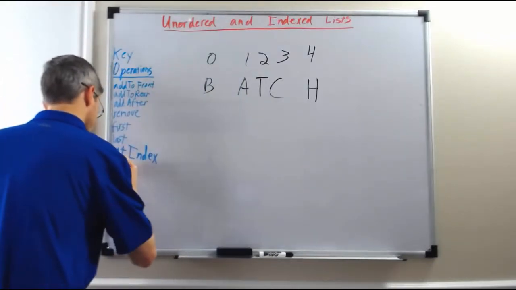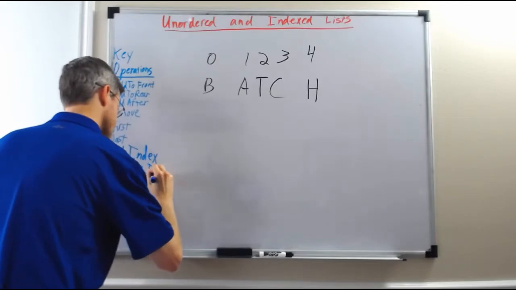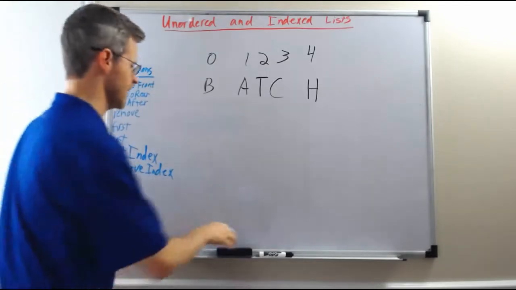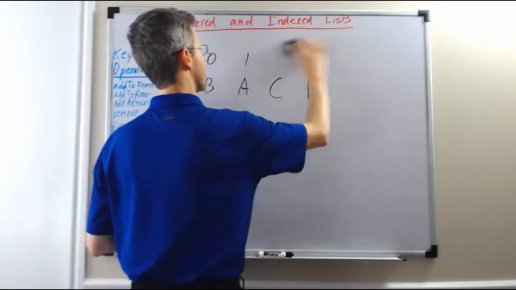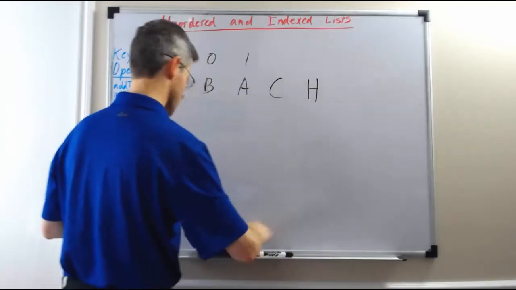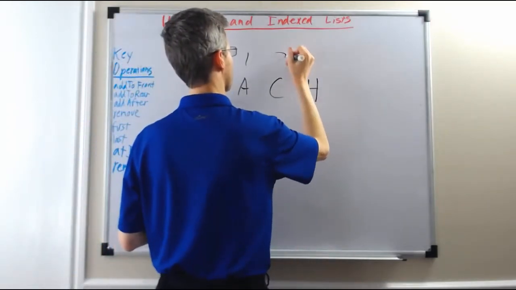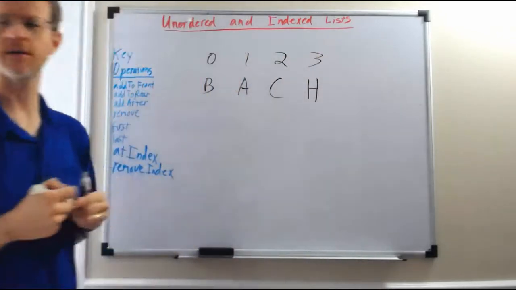We can also say something like remove index. And so we could say remove the element at index 2, and that would make the T go away, and everything else would be renumbered. And now we would be back to BACH.